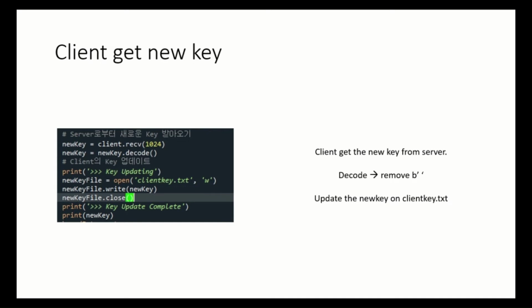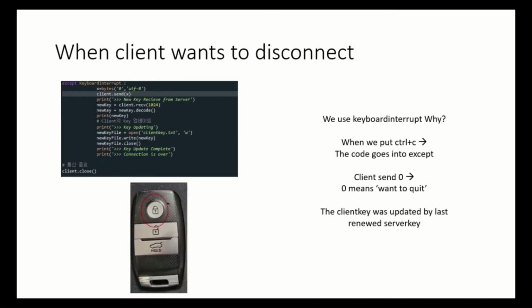So we use the decode code to remove the b, and we update the new key in the clientkey.txt. It is the same process as the server, and the client wants to disconnect.